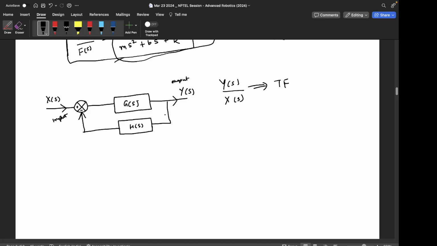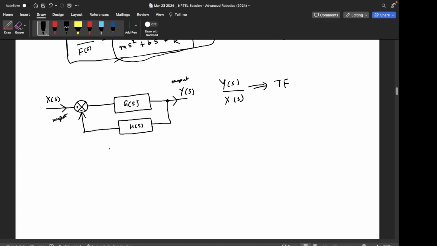And practically what is happening in the system is that from here, we are taking Y(s), which is the actual response of the system, multiplying it with some function H(s), and then feeding it back and comparing it again with the input. And again, based on some logic there, that is G(s), we generate the new output, right?